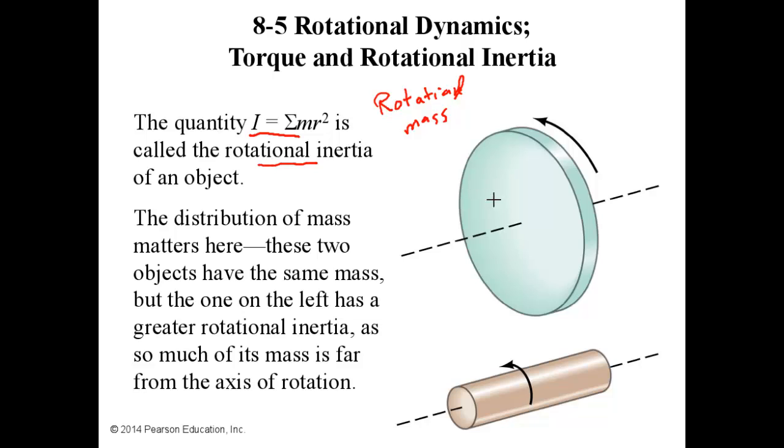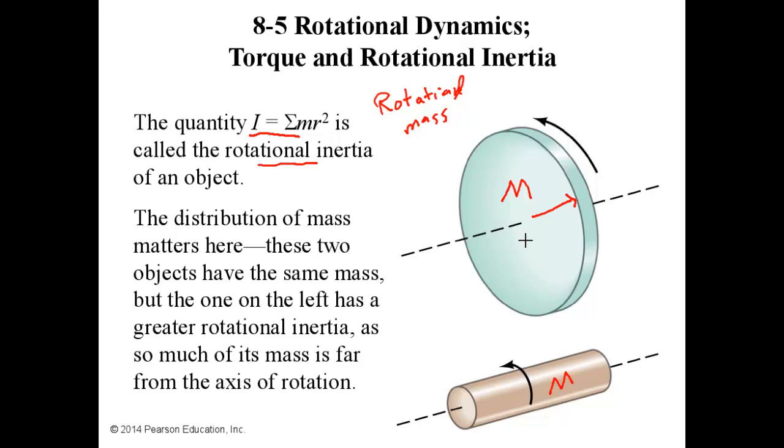And again, it's related to the mass of an object as well as how the mass is distributed. So if we have two objects right here and they each have equal mass, this object here has mass that is distributed out to much larger radiuses. What that means is that it's going to have a greater rotational mass, greater rotational inertia.